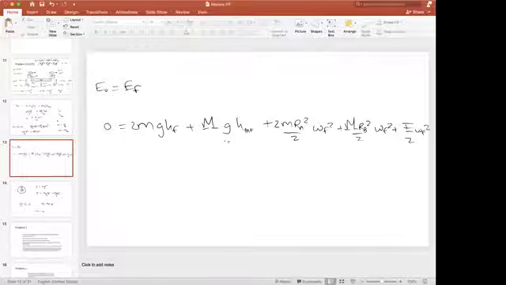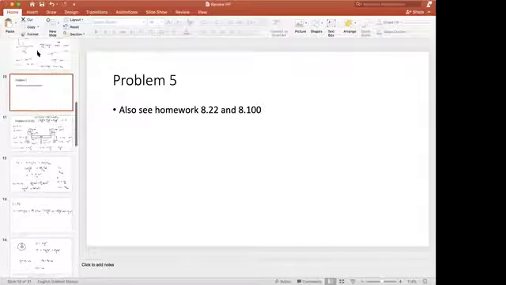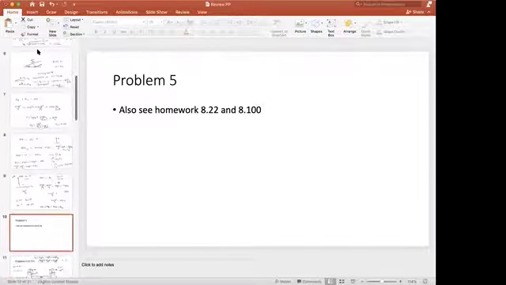Now, as long as I know my H big M and my H final for my little ones, I can find this stuff because I've been given M and RB and M and RA. And I know what I is because if you go back to, where was the beginning of this question?